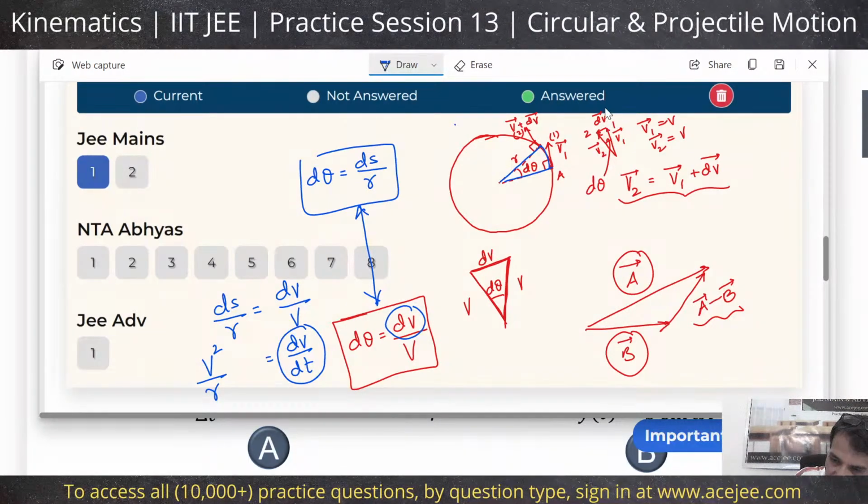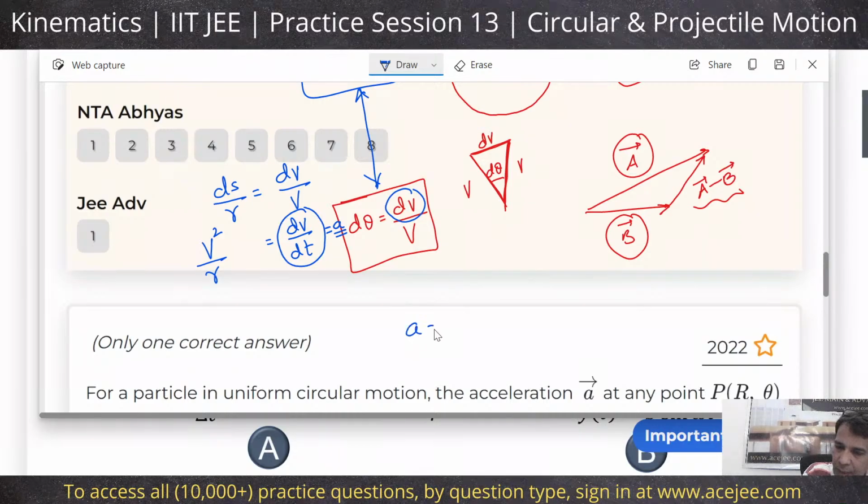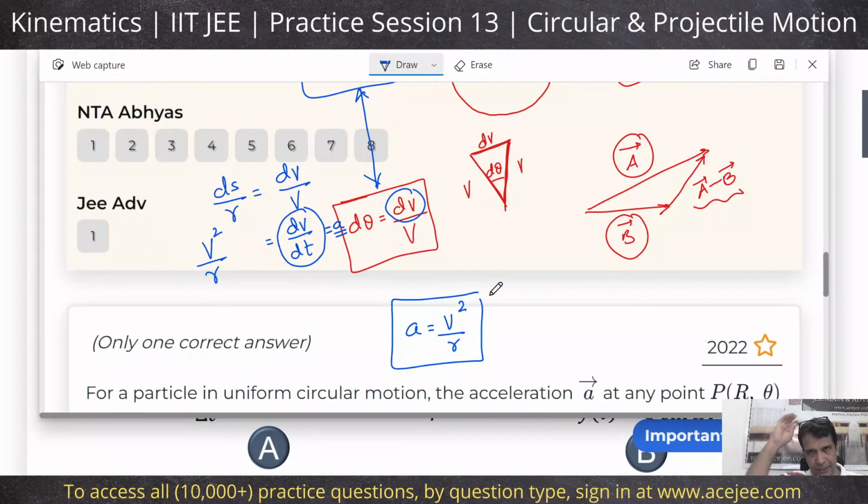Look at where dv is pointed. This vector is pointed towards the center. So this is what we refer to as centripetal acceleration: a equals v square by r. Clear? Yes, no, maybe?